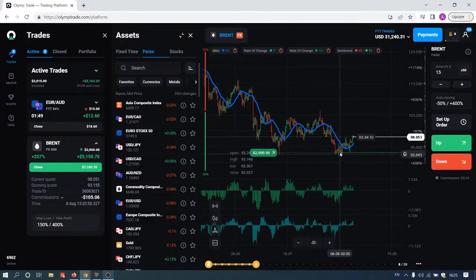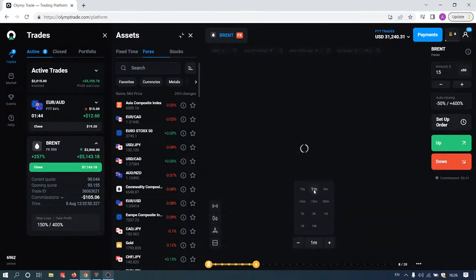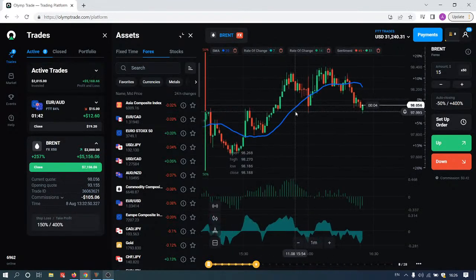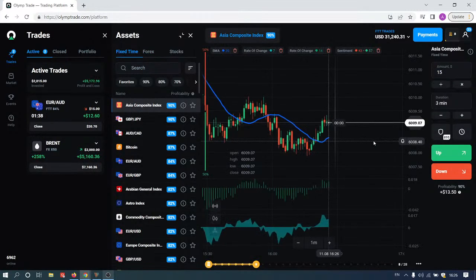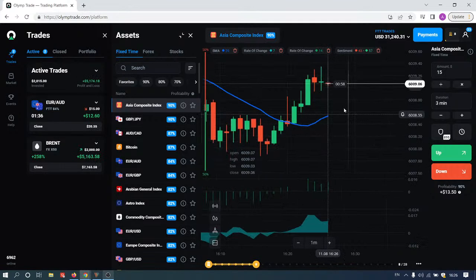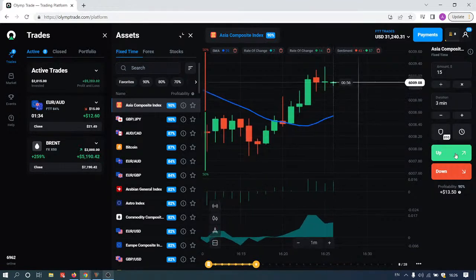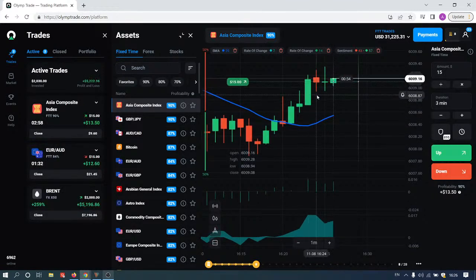So the price is bouncing upwards, and also you have to include the fundamental factors, and there are so many factors that actually support the further growth of Brent.